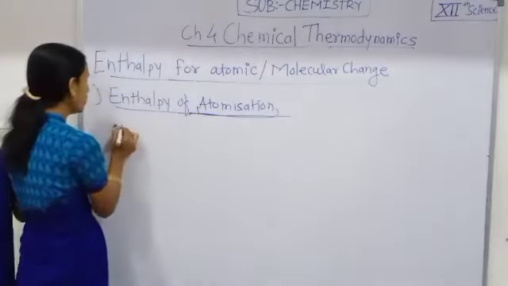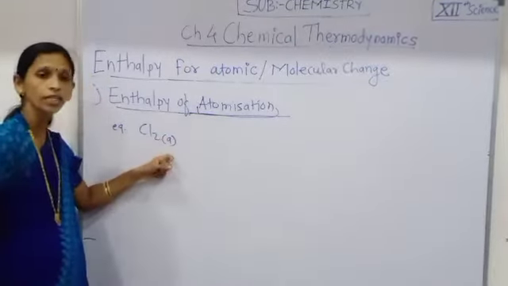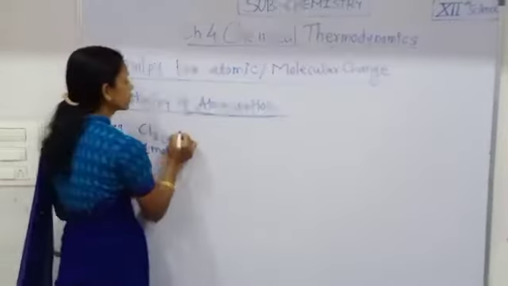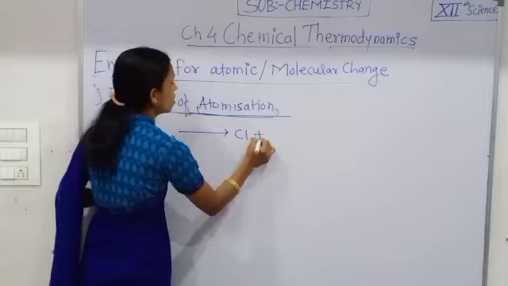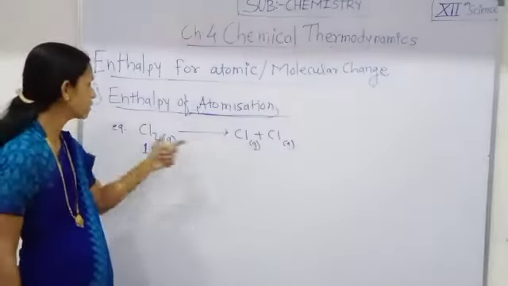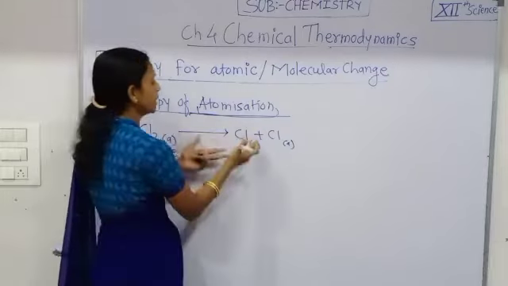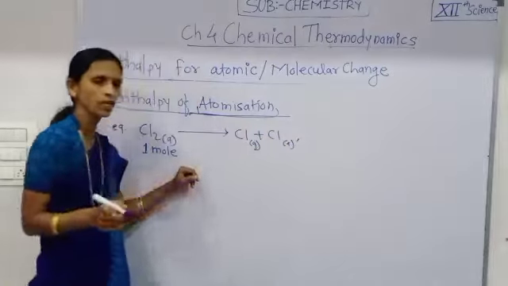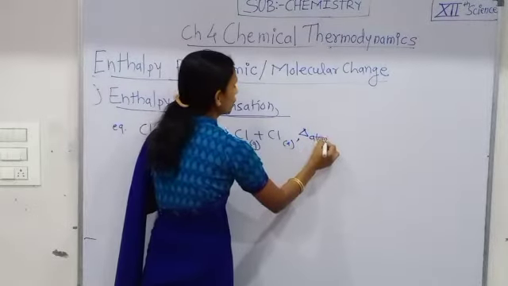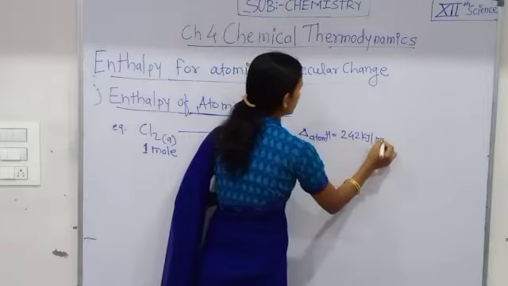For example, a chlorine molecule in gaseous state, 1 mole, is converted into chlorine atoms in isolated gaseous state. The enthalpy related to this process, known as the enthalpy of atomization, is 242 kilojoule per mole.